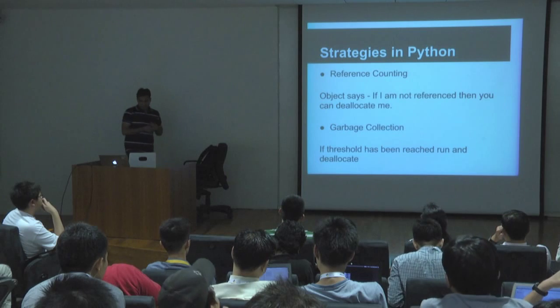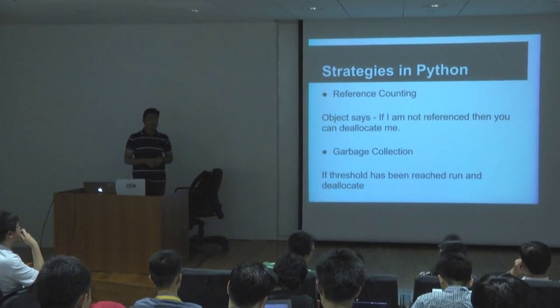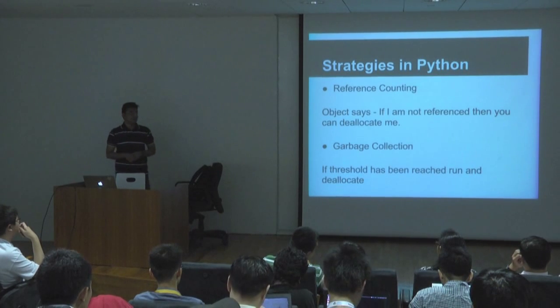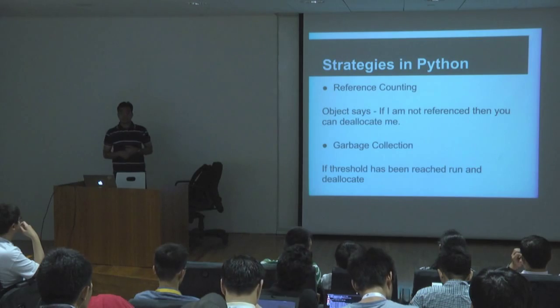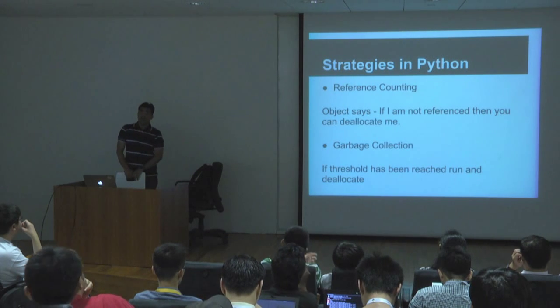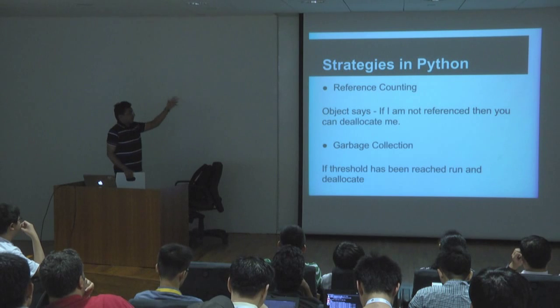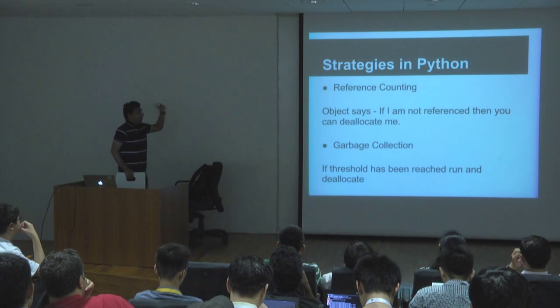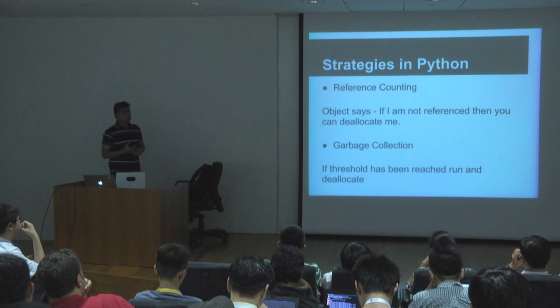Generally, if you are writing a Python program, you don't need to do garbage collection, because Python handles that pretty efficiently on its own. But sometimes what happens is this. Let me tell you about reference counting first. Suppose you create a string or a list.